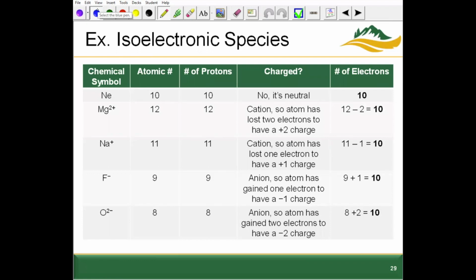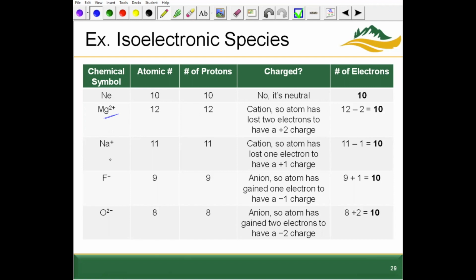The example that's in the main slide deck is here. If we have neon, we know its atomic number. For a neutral atom of neon, it's going to have the same number of protons as it does electrons, so that's 10 and 10. Now for magnesium, its atomic number is 12, so it has 12 protons, but here we note that it's magnesium 2+, so a cation of magnesium.